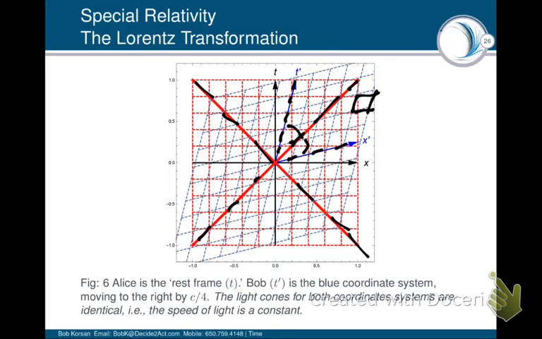Also, the sizes are not identical. This distance and this distance for Bob are not the same as these distances in Alice's coordinate system.